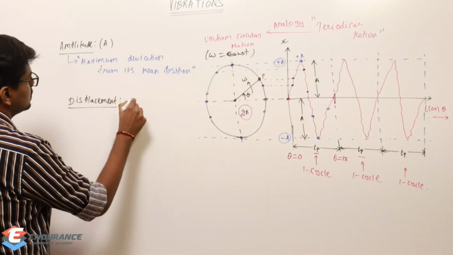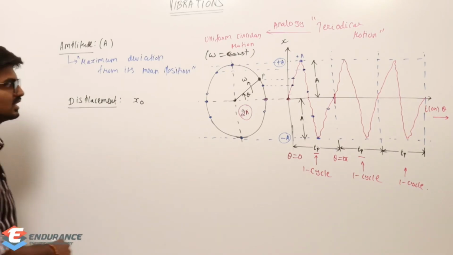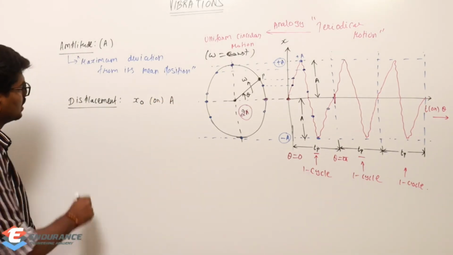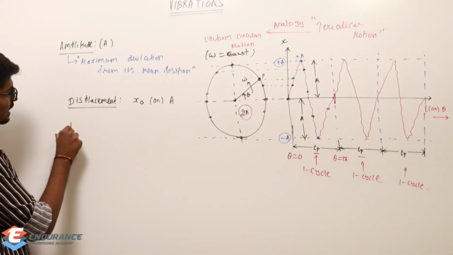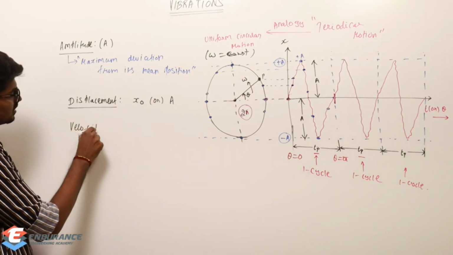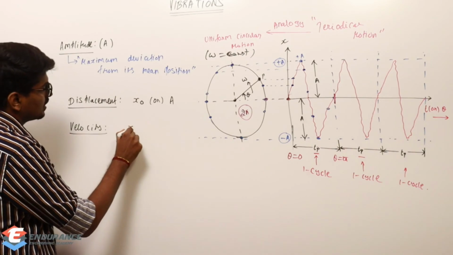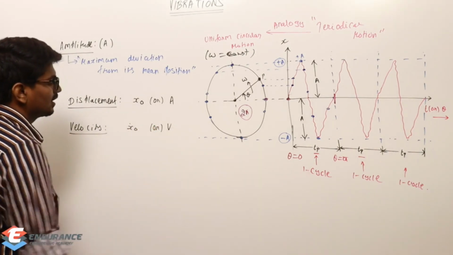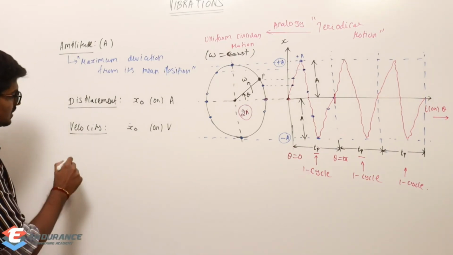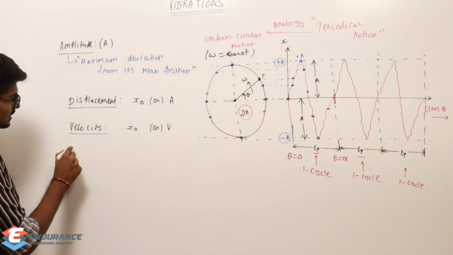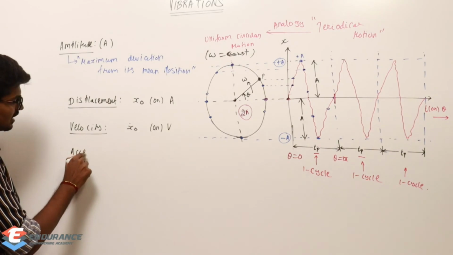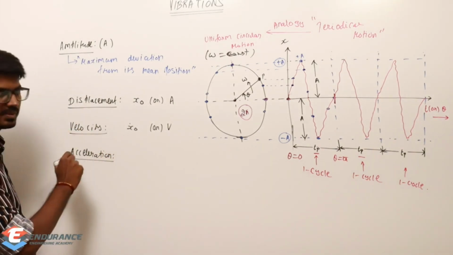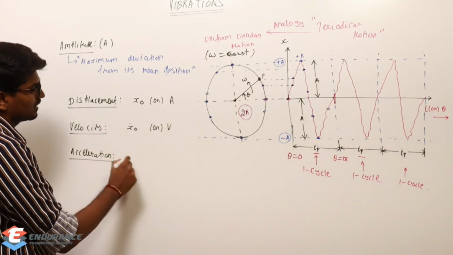When it comes to displacement, I will generally use x naught for representing the amplitude, or A. If it is velocity, x naught dot, or V simply, for representing the amplitude of the velocity. If it is acceleration, again 2 times differentiation of displacement, right? This is 1 time differentiation, so x naught dot.